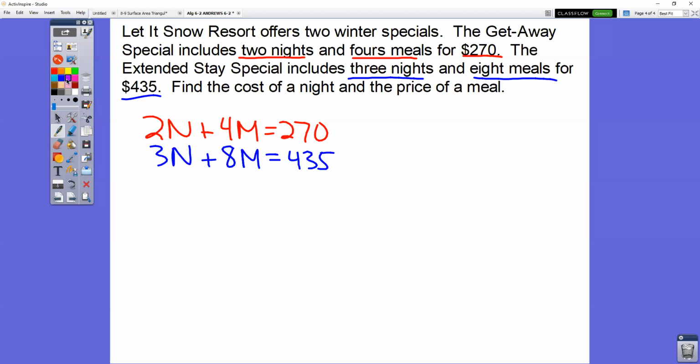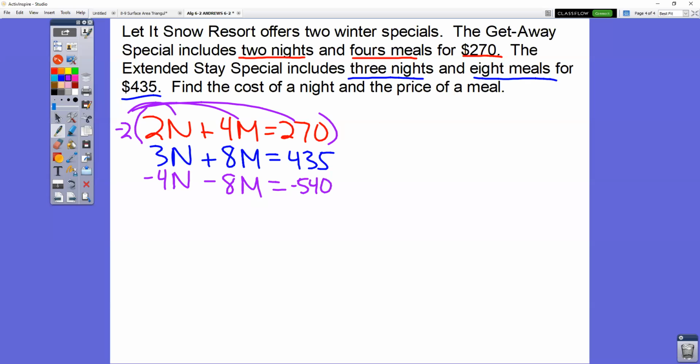So I want to create an 8 and a negative 8. Well, to get a negative 8 up here, I would have to multiply by negative 2. Distribute. So negative 2 times 2 is negative 4n. Negative 2 times 4m is negative 8m. There's my opposites, 8 and negative 8. And then negative 2 times 270 gives you negative 540.